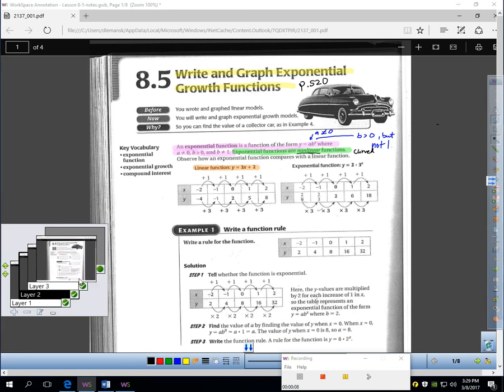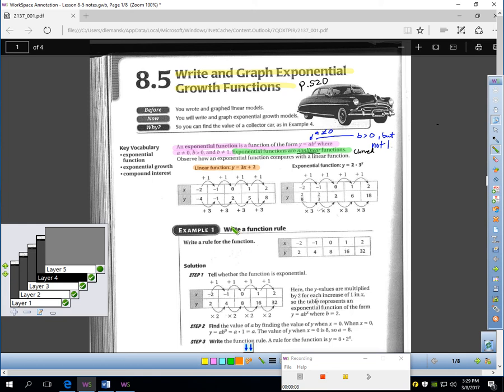Do you notice how there's a constant addition pattern in a linear function? And you might be like, well, why do we have that constant pattern? Well, think about it. The slope is 3. Rise 3, run 1. Rise 3, run 1. A constant pattern.